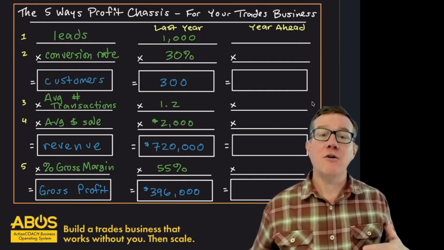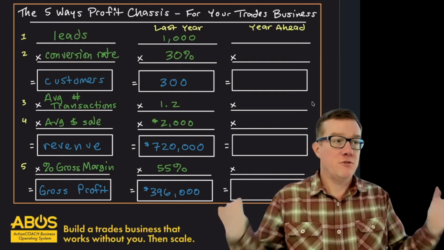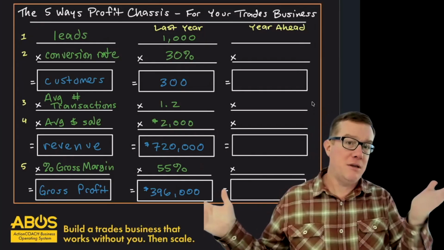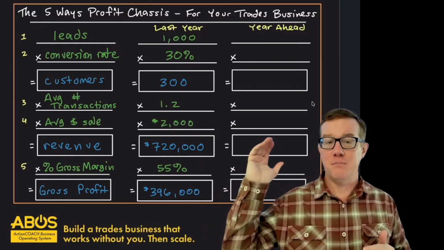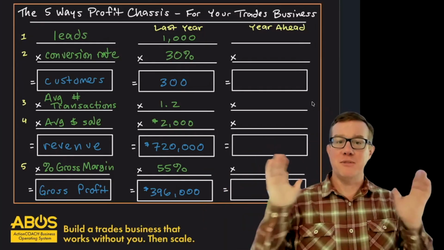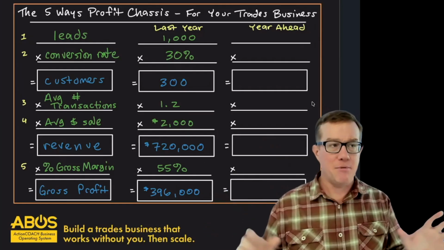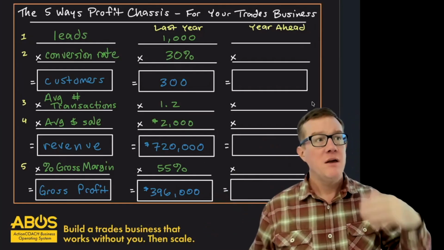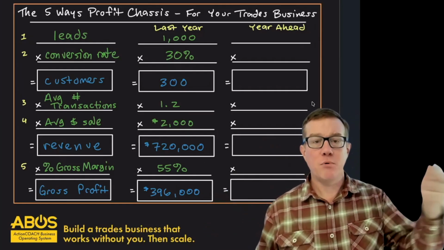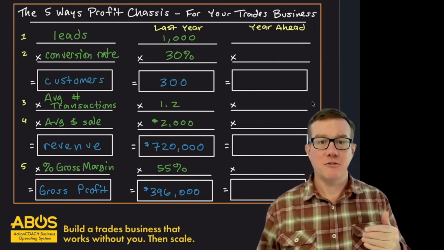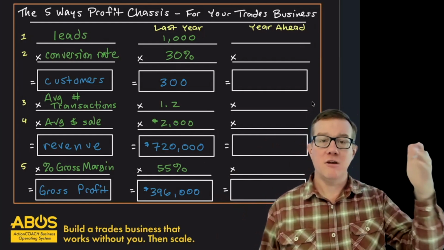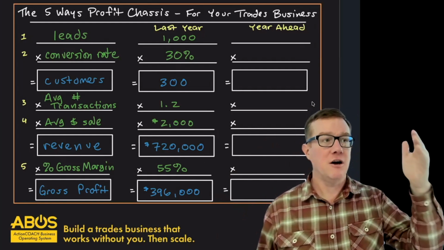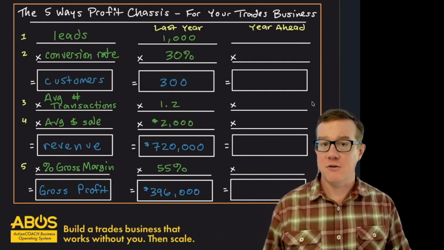And the average dollar sale per invoice was $2,000. Some people spent $800, some people spent $8,000, but the average across everything that happened was $2,000. 300 by 1.2 by 2,000 gives this business a revenue for last year of $720,000.